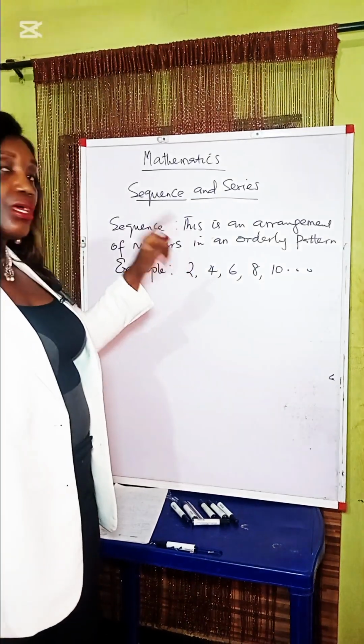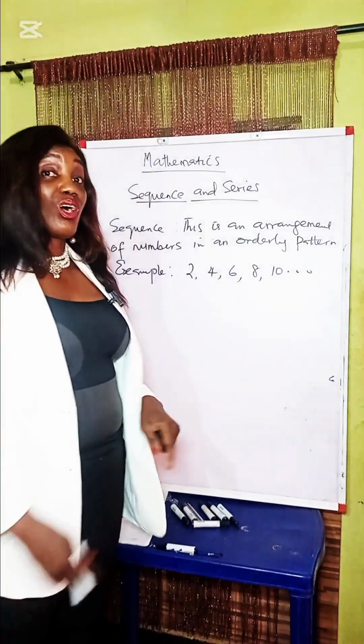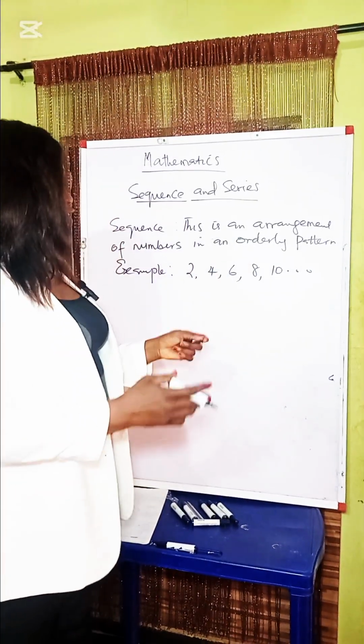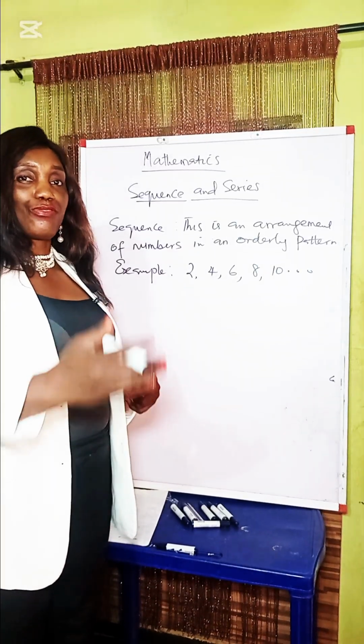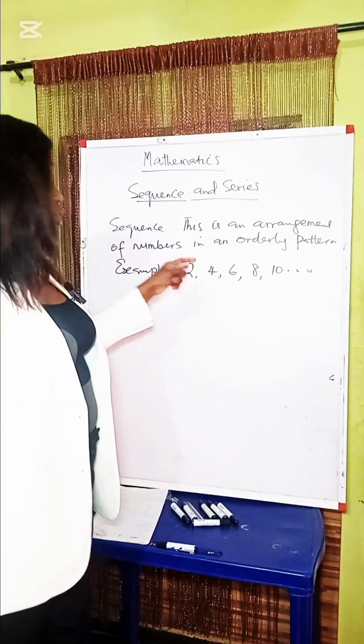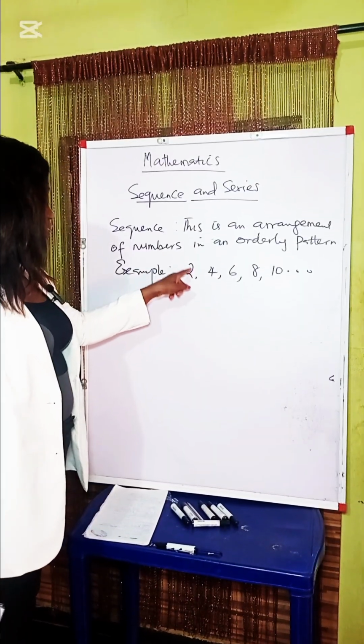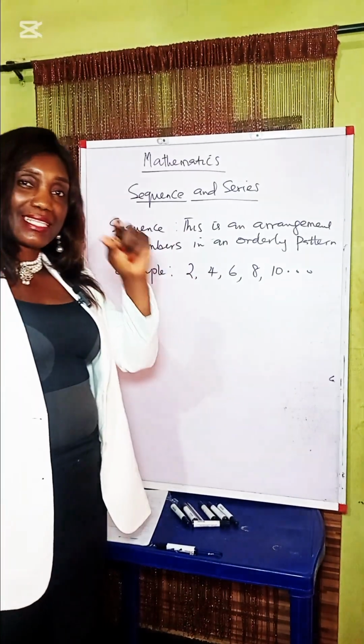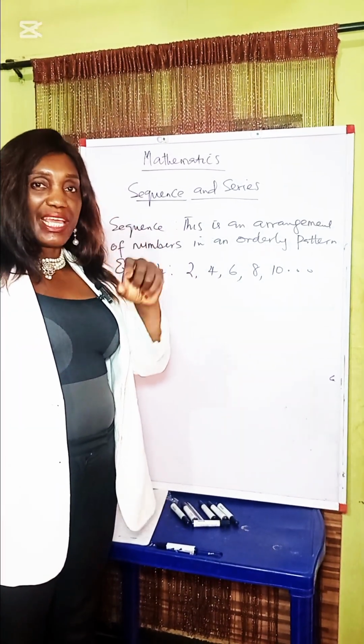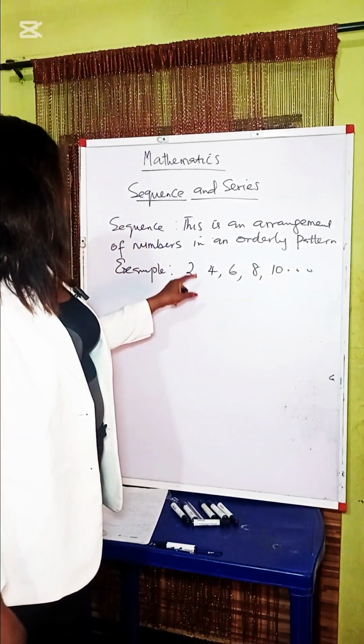For example, 2, 4. Ordinarily, you can say they are connected in twos, but you can work it out. They must have a constant, unique number that connects them.